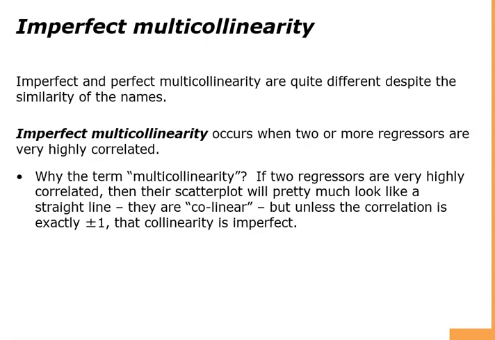The command for that is VIF in STATA, and you can simply put that command VIF and add in all of your X variables to see how much multicollinearity there is between all of your X variables.